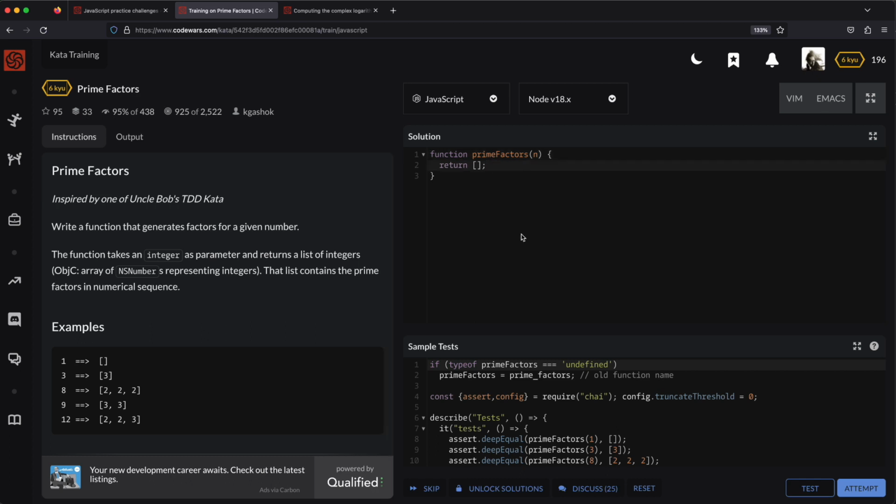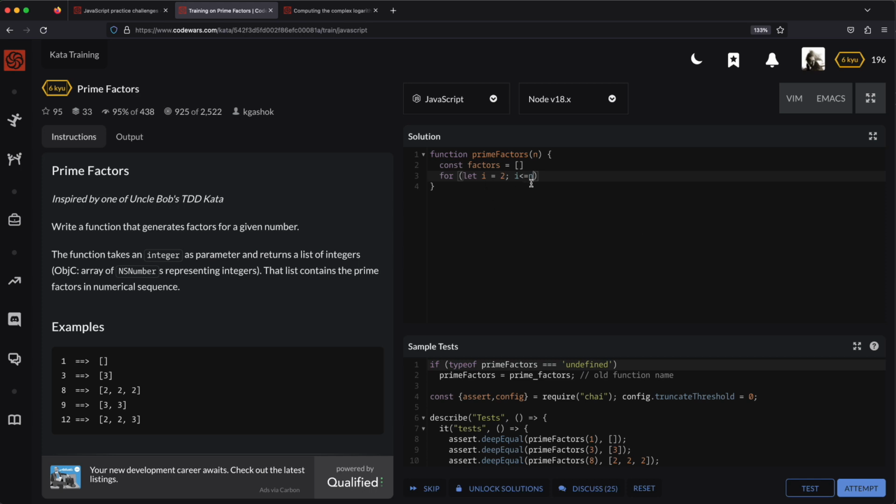Okay, so first, the factors, which is the thing that we will return, is an empty array in the beginning. Then, as I said, for i from 2 until it is, let's say, less than or equal to n, because it might be a prime number and only divisible by 1 and itself.